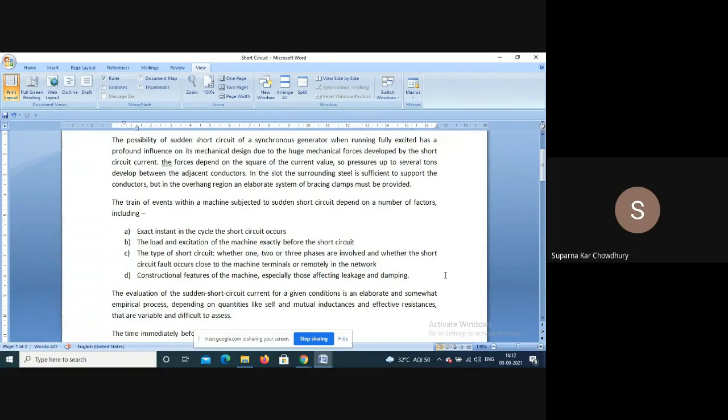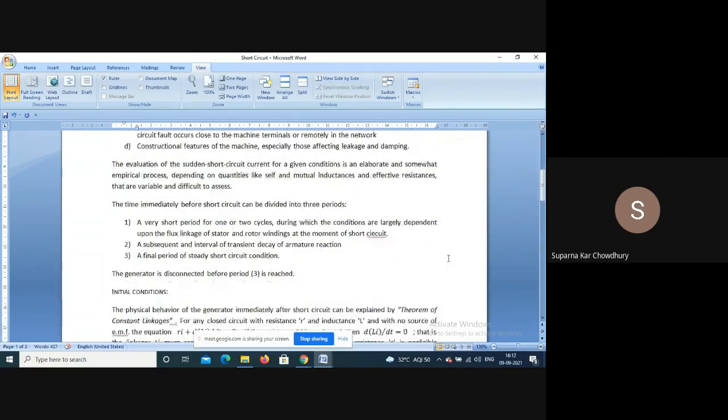The time just after the short circuit is divided into three regions. The first one or two cycles depend on the flux linkage, because the synchronous machine is predominantly inductive, so the machine will try to keep its stator and rotor flux linkage constant.